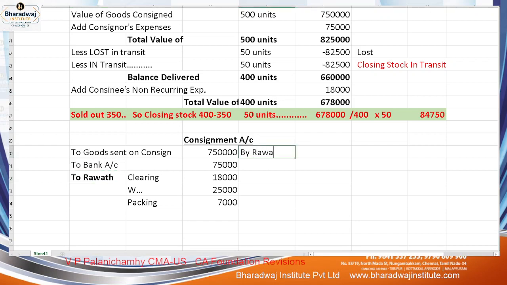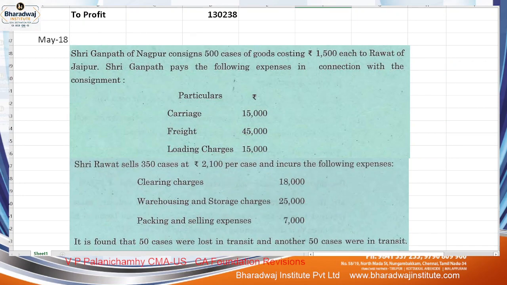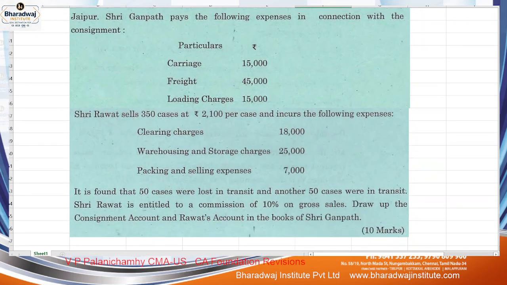By Rawat, how much sale has been made? How many units are sold? 350 units are sold at what rate? 2,100. 350 units are sold at 2,100.